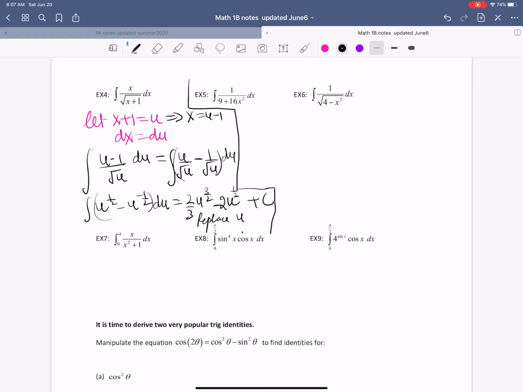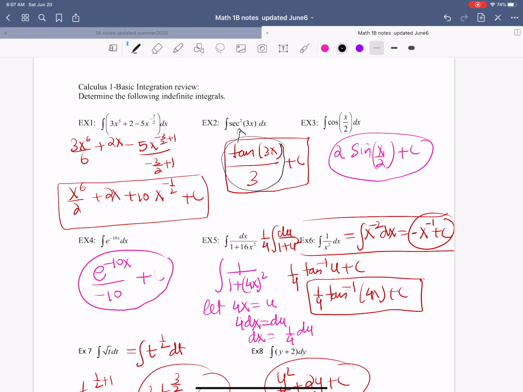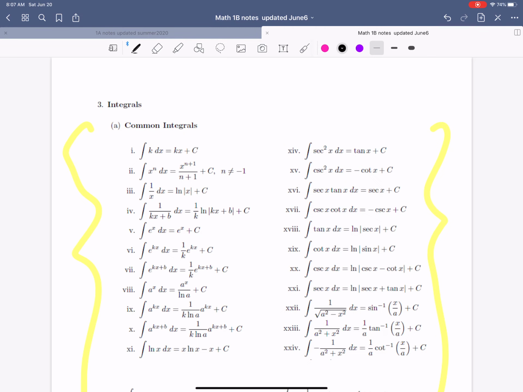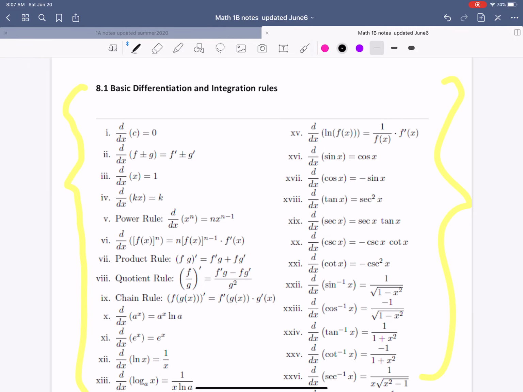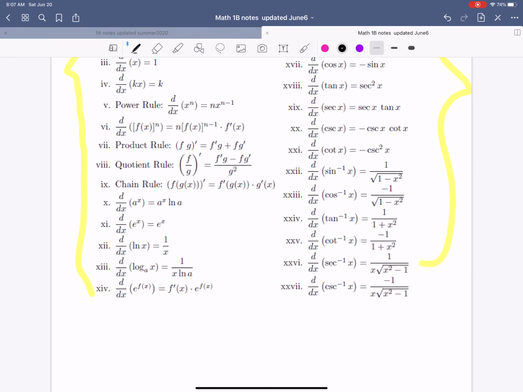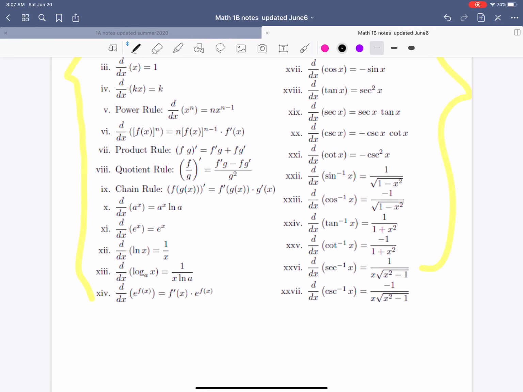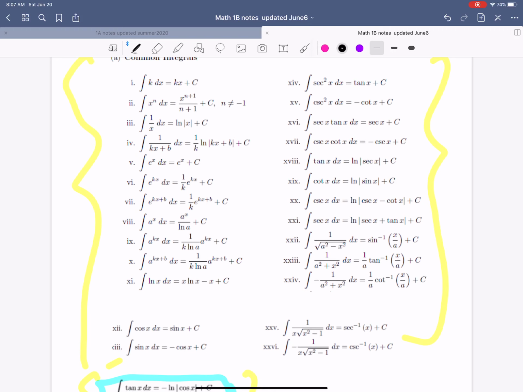The next problem, again, is a good candidate for u substitution. It looks like one of the trig integrals. Remember your trig integrals, or the trig derivatives, and how they look.